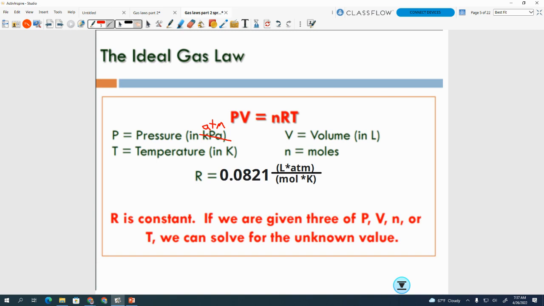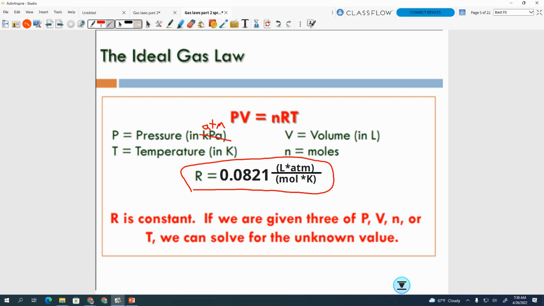The reason why is because the R constant that I have for you, and if you look in your periodic table reference packet, on that second page, the R that's listed is the one that I listed. And if you notice, the units that it has is liter atmospheres per mole K. This is a conversion factor that we're using just like whenever we used the heat of vaporization, which was calories per mole or calories per gram.